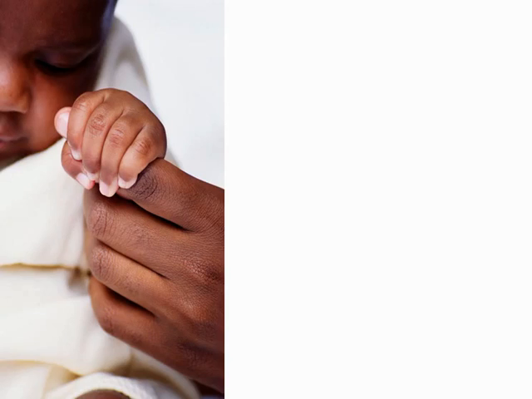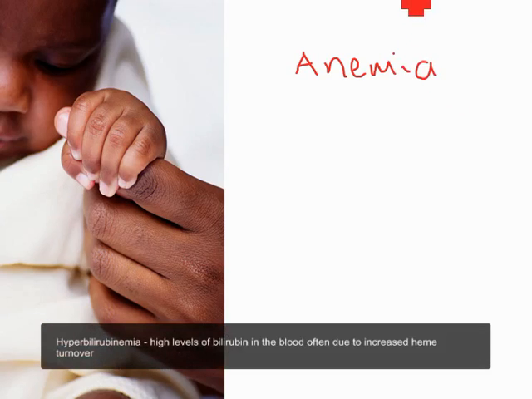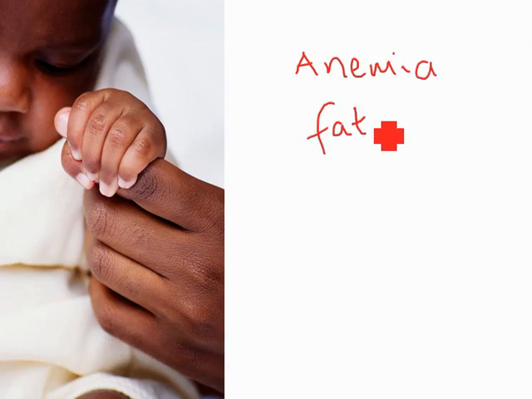Now, infants suffering from sickle cell anemia often exhibit a certain failure to thrive. They, of course, suffer from chronic anemia. They oftentimes suffer from hyperbilirubinemia because of the increased heme turnover, and fatigue. They're often fatigued.